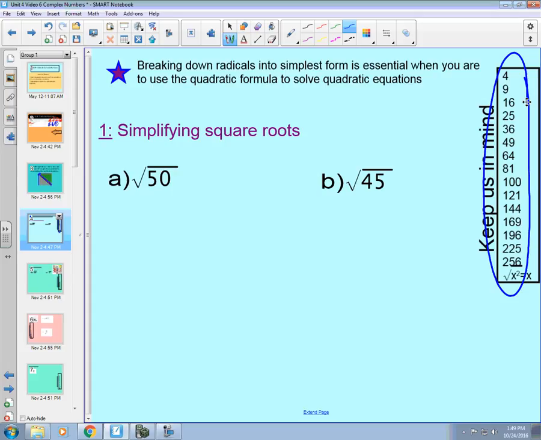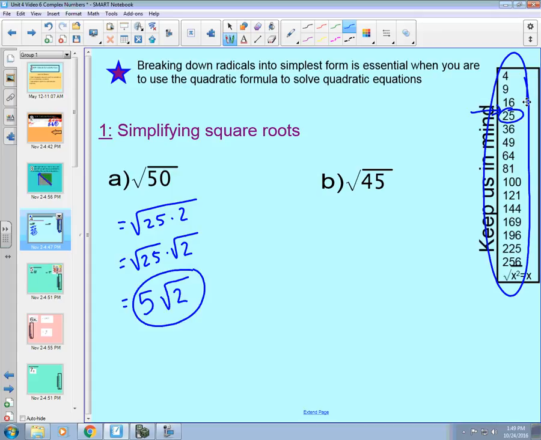Well, I think pretty quickly you can see 25 does go into 50 2 times. So what we're going to do then is write this as 25 times 2. Our property says then we can split this into 2 square roots as square root of 25 times square root of 2. Then simplify the perfect square one. Square root of 25 is equal to 5, because 5 times 5 is 25. So another way of writing square root of 50 is 5 square roots of 2.